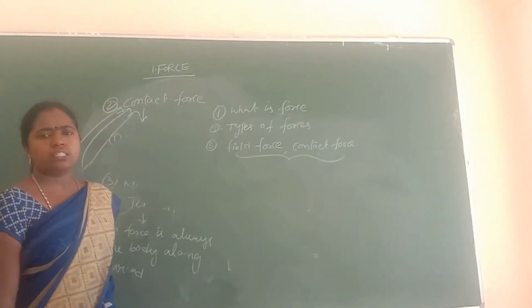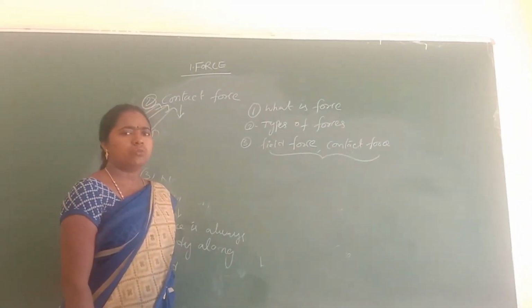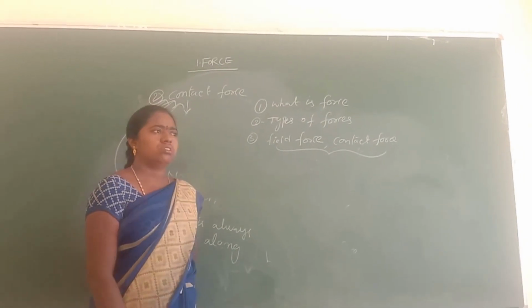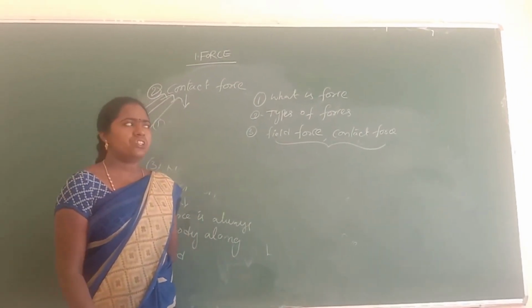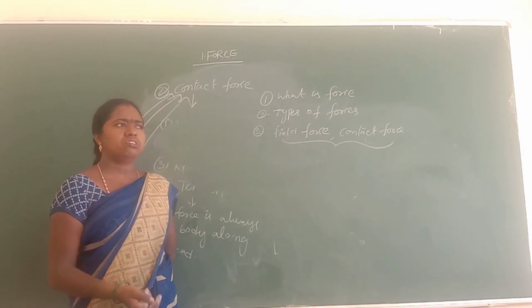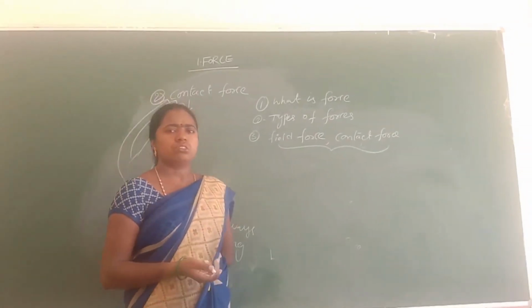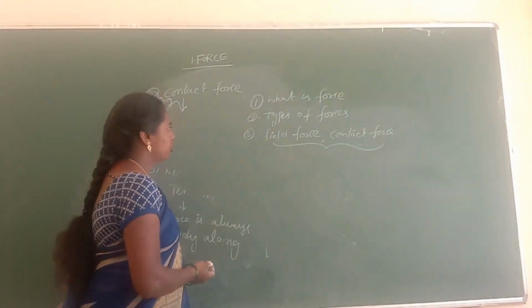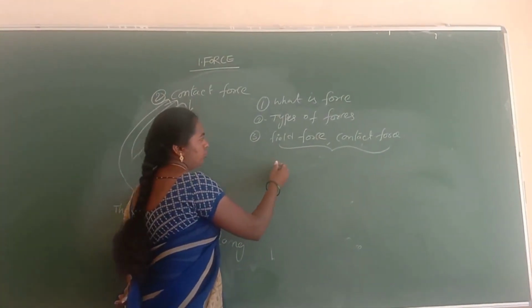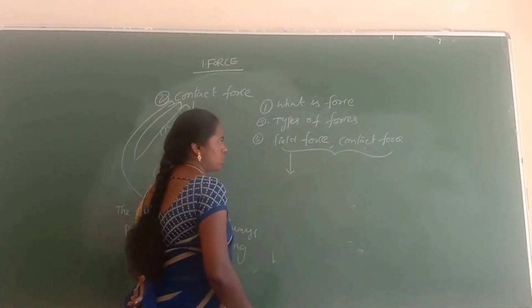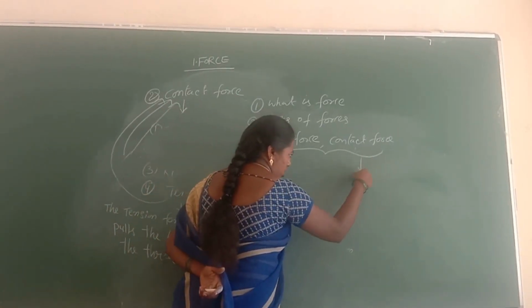What changes in an object? The force acting on that body can change its speed, direction, shape and state of motion. Okay? Next, field force examples and contact force examples.